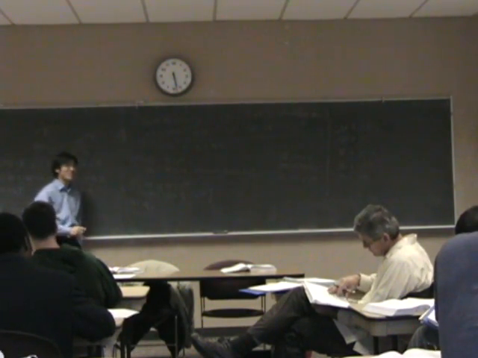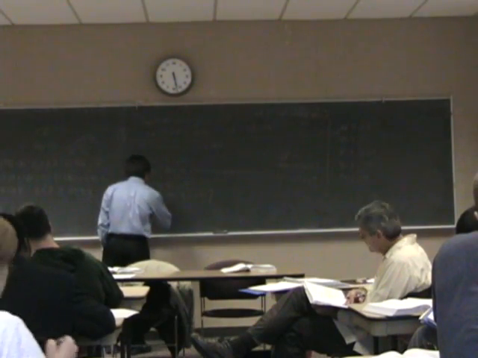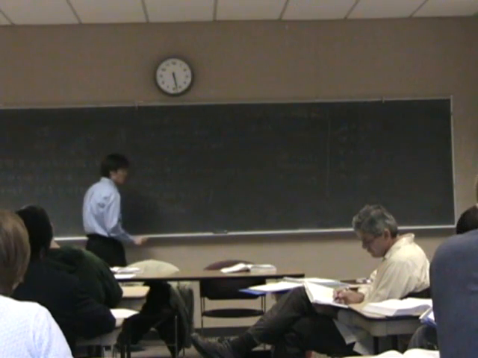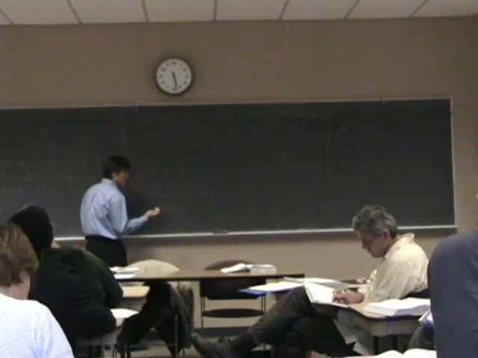For the t-test, the formula is like the z-test: the mean minus mu, but over, now there is no standard error.